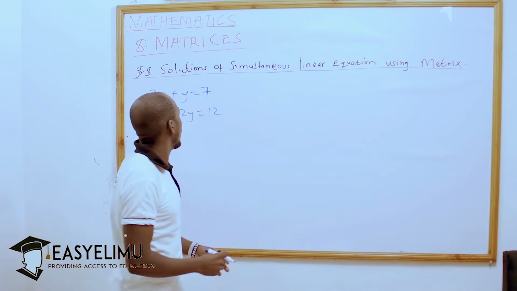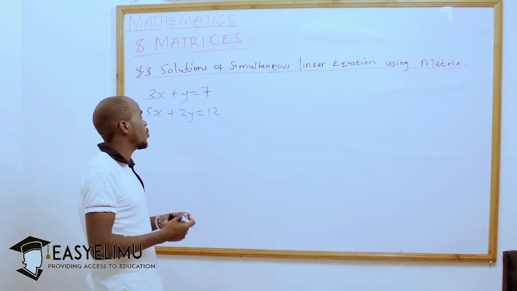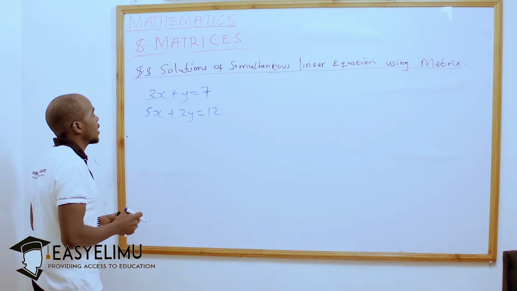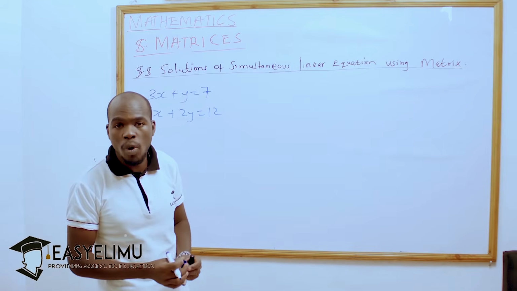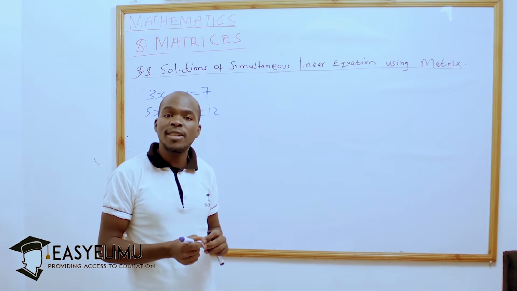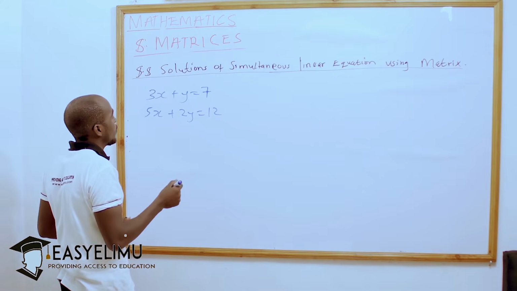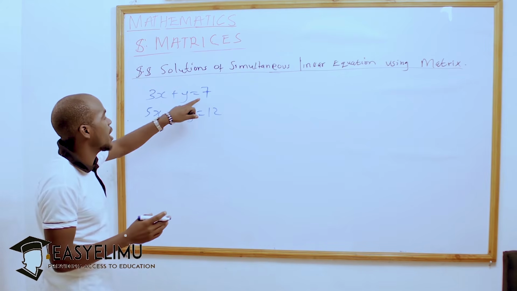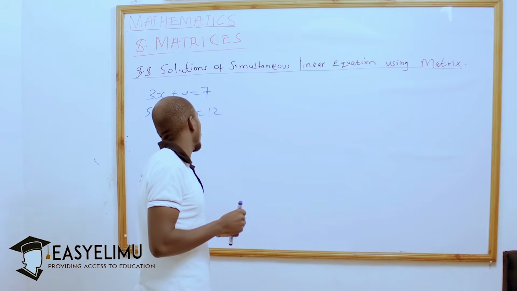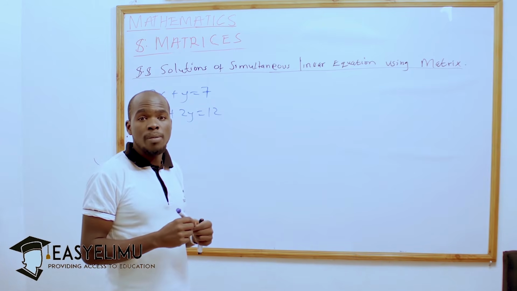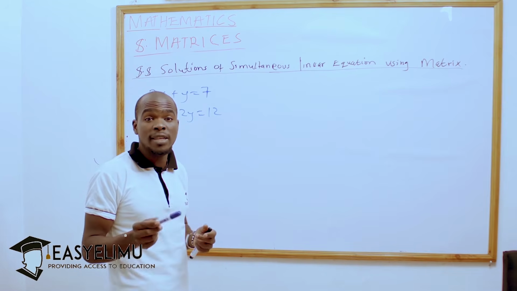From here, we need to form a matrix in which, if we solve it, we shall find whatever we are seeking. We have two unknowns here, x and y, and we need to determine the value of x and the value of y. Since we have these linear equations, you can solve them using either the elimination method, substitution method, or even the graphical method, and you will find the values of x and y.